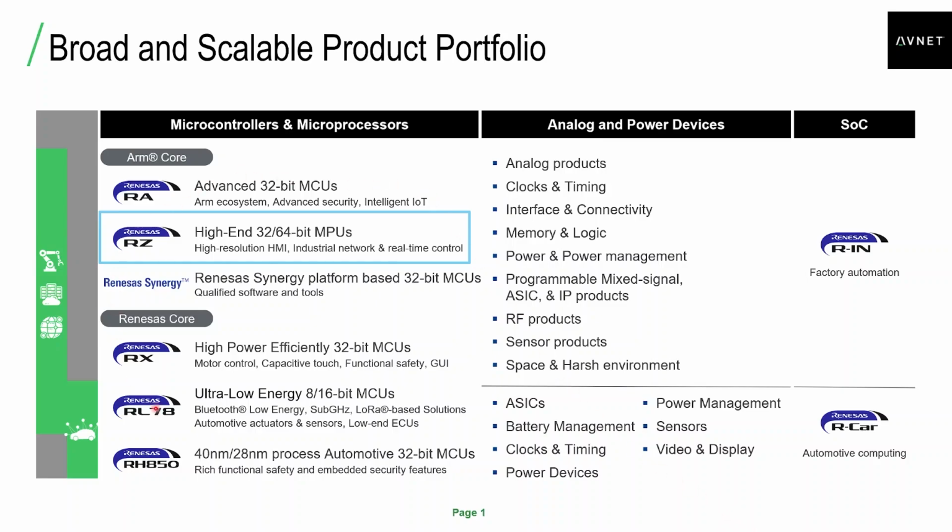We have a broad portfolio of microcontrollers and microprocessors covering the full range from low-power 16-bit microcontrollers to multi-core gigahertz microprocessors. We also have a number of analog and power devices, as well as sensors, timing, and wireless connectivity products.